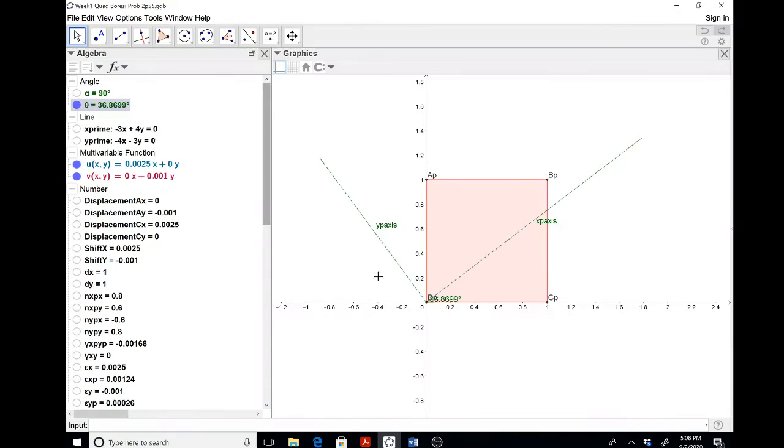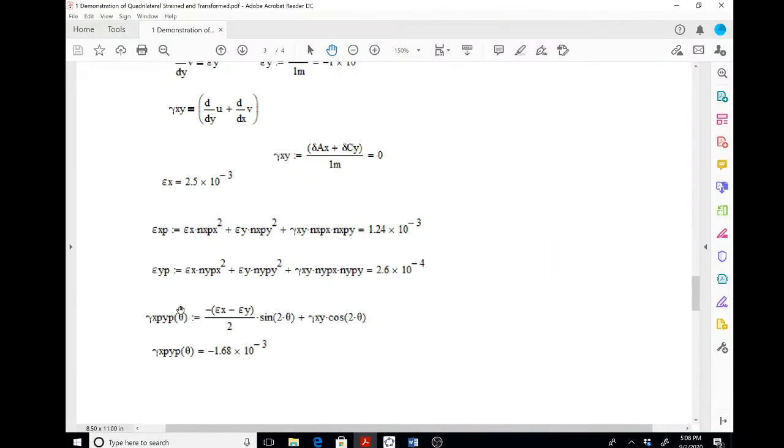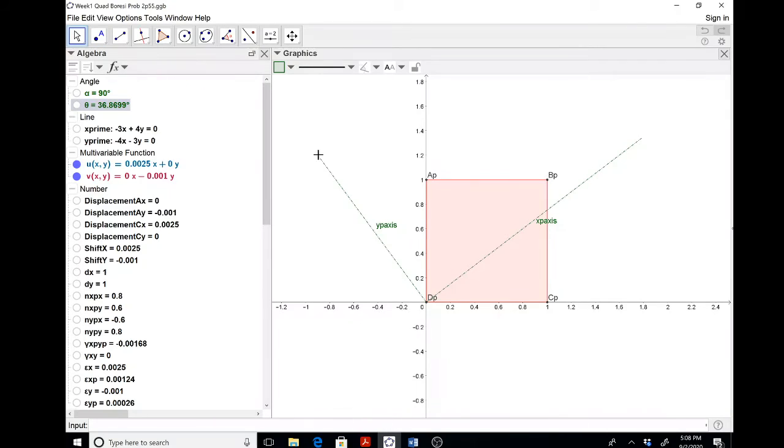Here it is. That's theta. Happens to be 36.9 degrees, and I just measured that here in GeoGebra. And then similarly, I will need the n y prime x and y prime y. But I just did a shortcut in here. I said n y prime x, from y prime all the way to x.